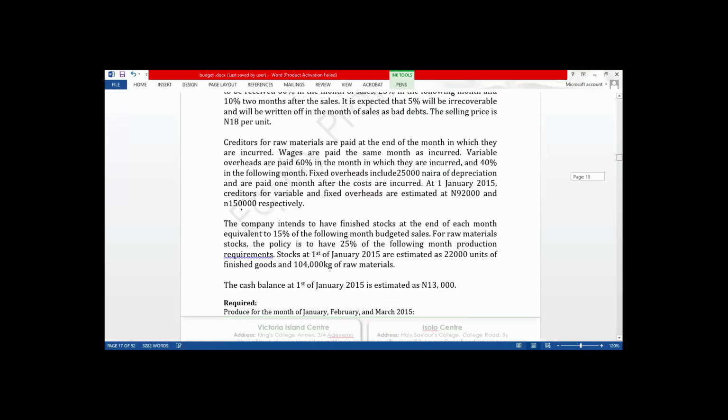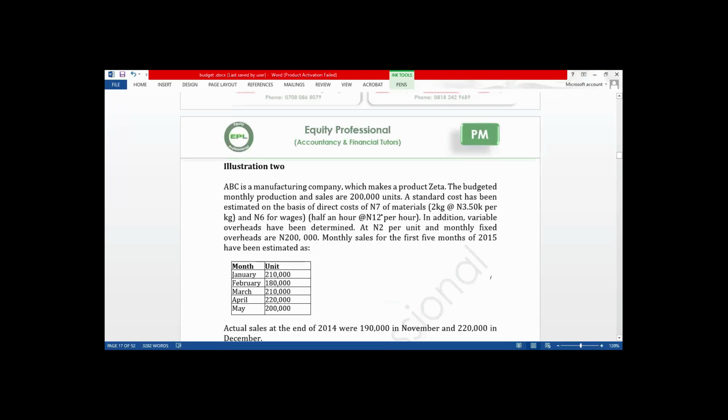Look at it. A standard cost has been estimated on the basis of direct cost. 7 naira of material. That means direct material cost is 7 naira. Wages is 6 naira per unit.